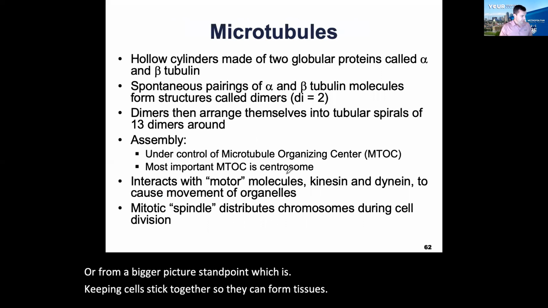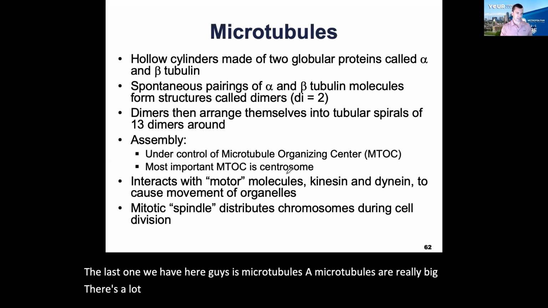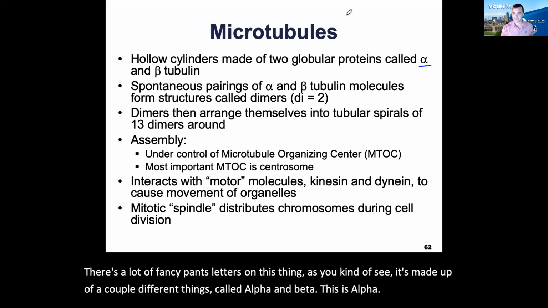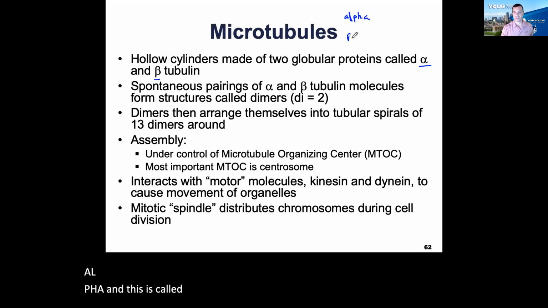The last one we have here, guys, is microtubules. And microtubules are really big. There's a lot of fancy pants letters on this thing. As you kind of see, it's made up of a couple different things called alpha and beta. This is alpha, A-L-P-H-A. And this is called beta, B-E-T-A.